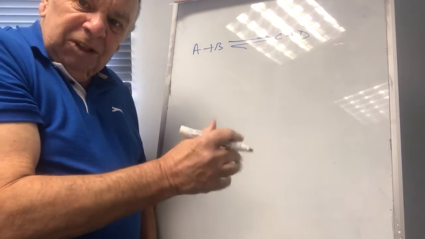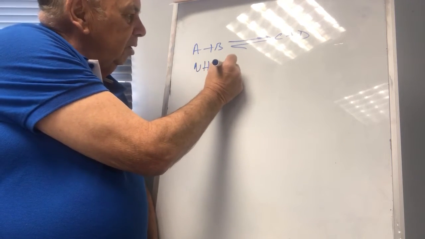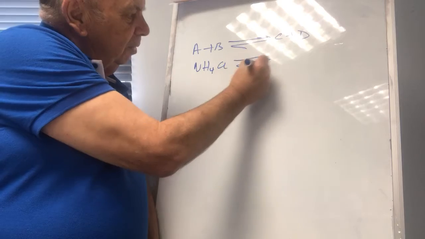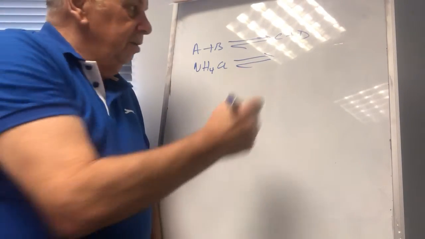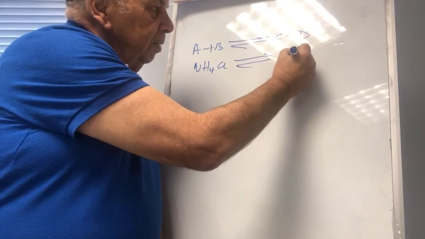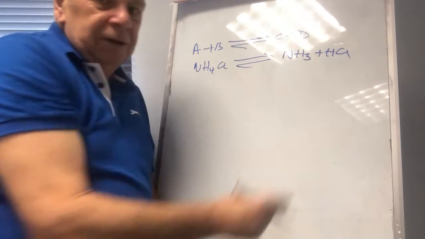For an actual example, if I took ammonium chloride and heated it, it decomposes into ammonia, NH3, and hydrogen chloride.